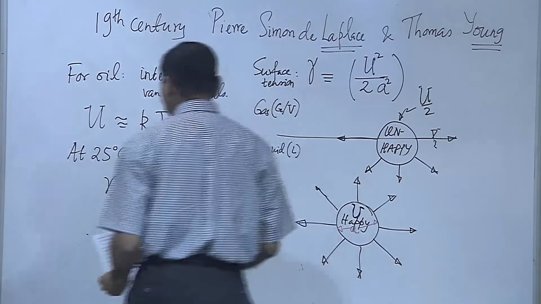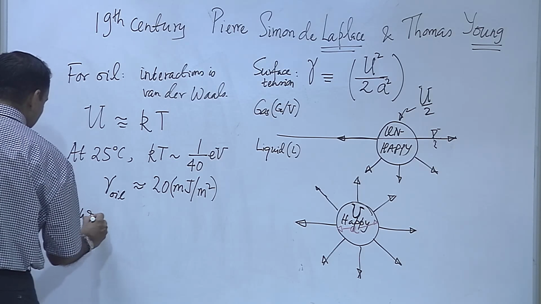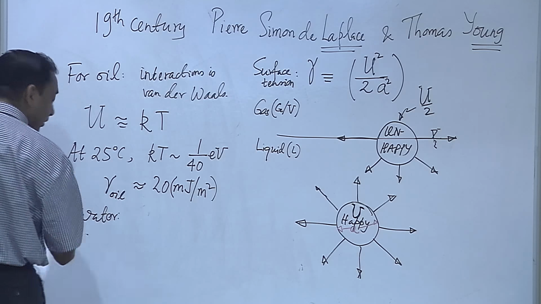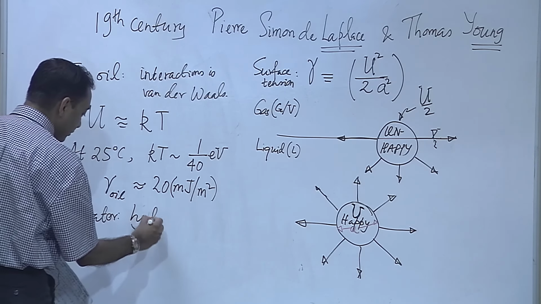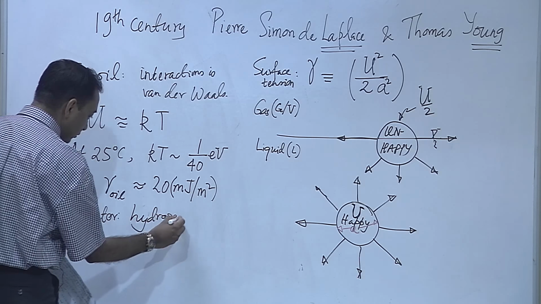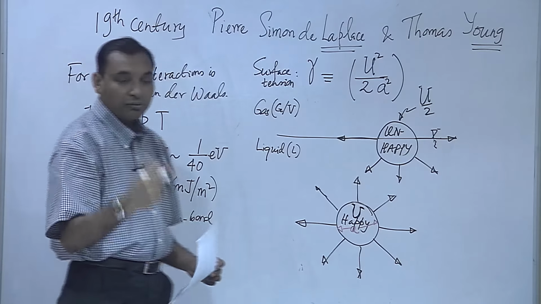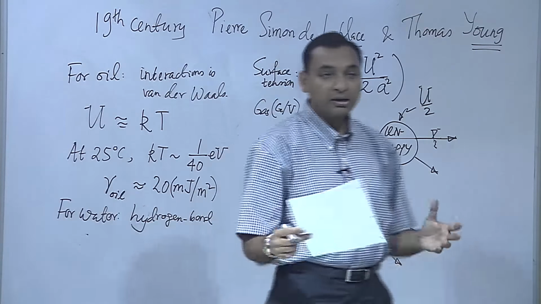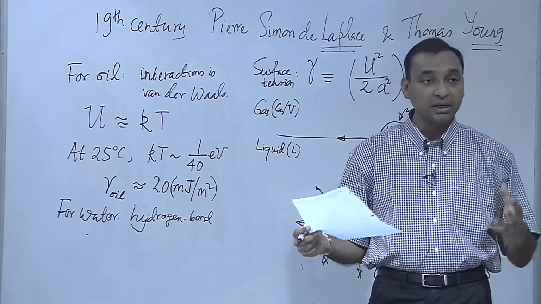For water, for example, we talked about how in water what we have is the hydrogen bond. What was the amount of hydrogen bond? The cohesion energy we looked at is almost 10 times the kT, correct?